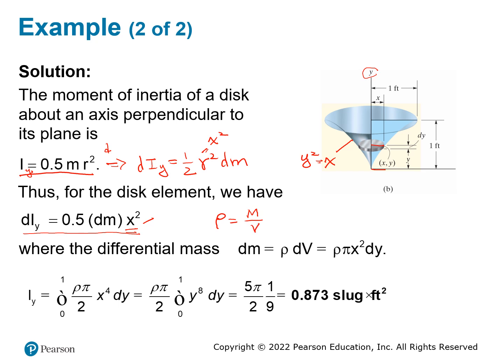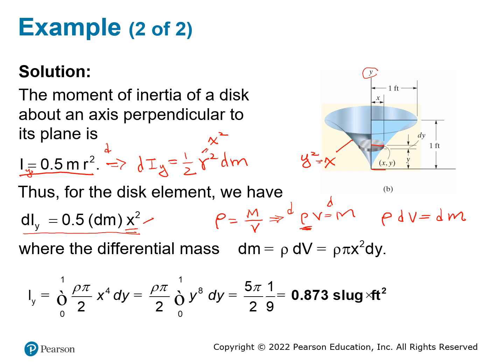Because of that, we can rewrite this as rho V equal to m. Then we take a differentiation on both sides, and the density is going to be a constant number, so we say rho dV is equal to dm. So how big the volume changes determines how big the mass is.